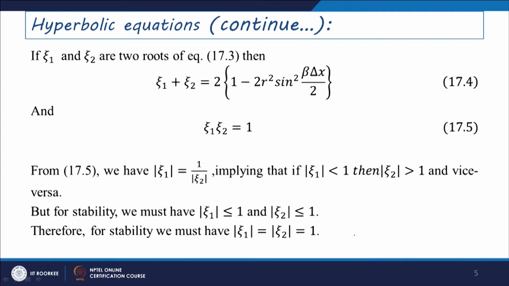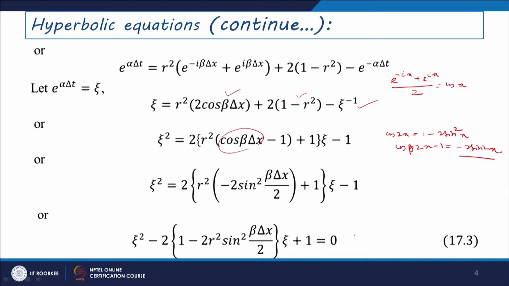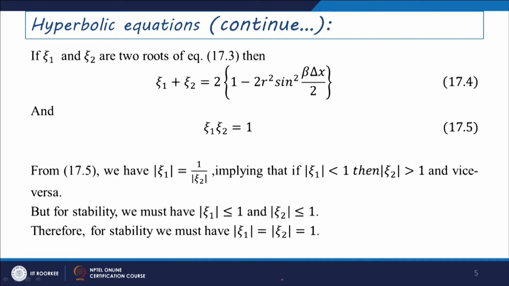So, if we see here, this equation is a quadratic equation. So, this contains 2 roots. Suppose these roots are zeta 1 and zeta 2. If zeta 1 and zeta 2 are the roots of this equation, then zeta 1 plus zeta 2 is nothing but minus b by a.